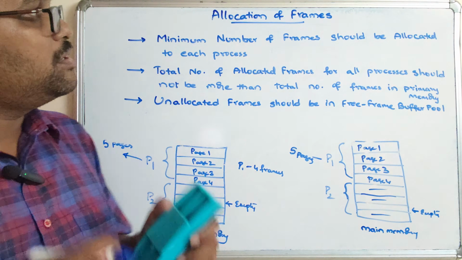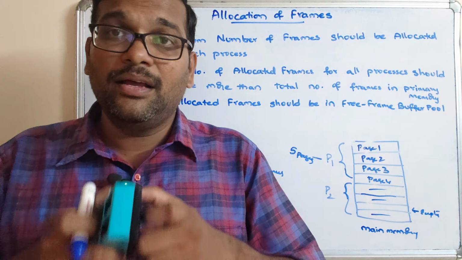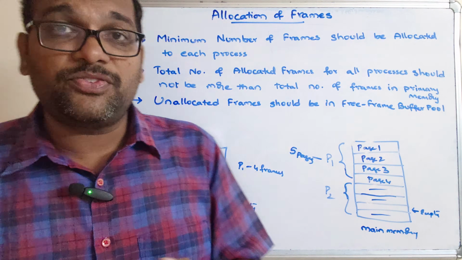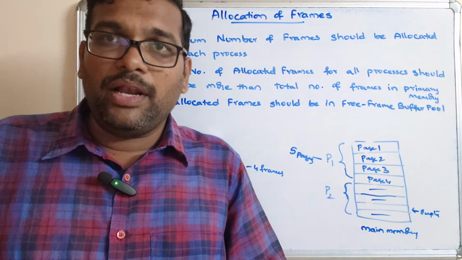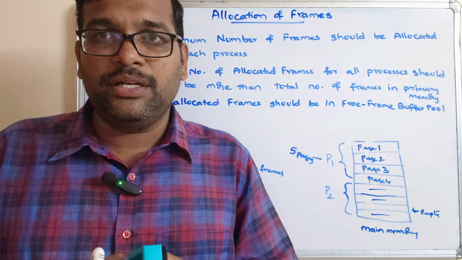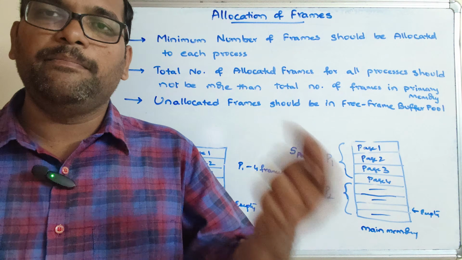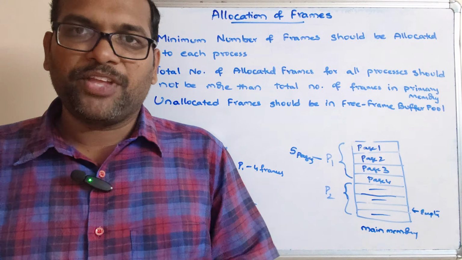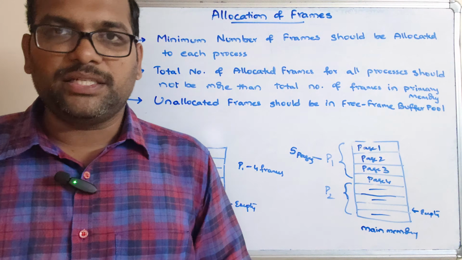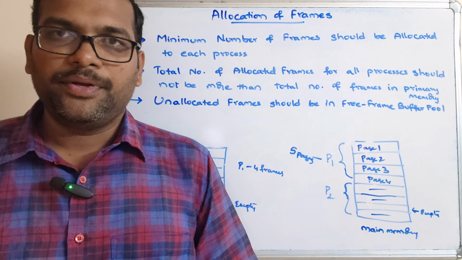So hope you understood the main purpose of allocating the frames. If the allocation of frames is optimized, then automatically there will be less fragmentation, and it also reduces page faults, which can improve the efficiency of using the memory and the fast loading of pages for CPU execution, right?